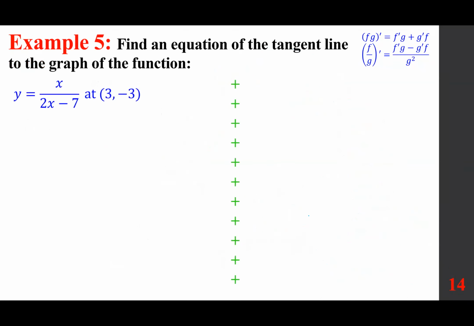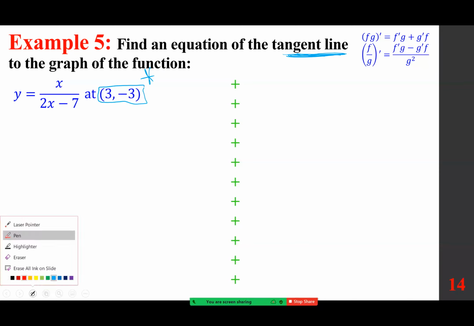All right, we are interested in finding the equation of a tangent line, which means we need two things. We need a pair x comma y, we have it. We need the slope. To find it, first and foremost, we need to differentiate. So let's find y prime.